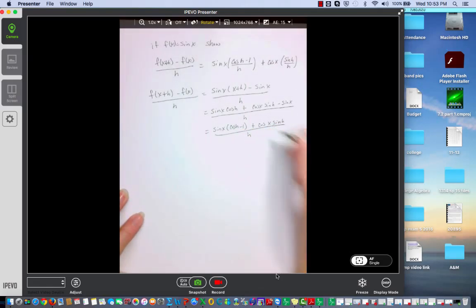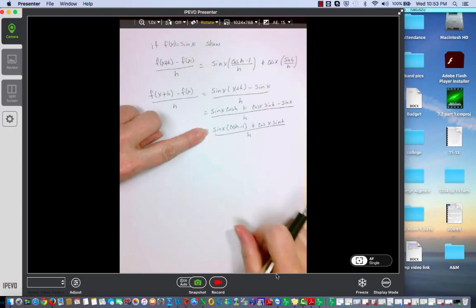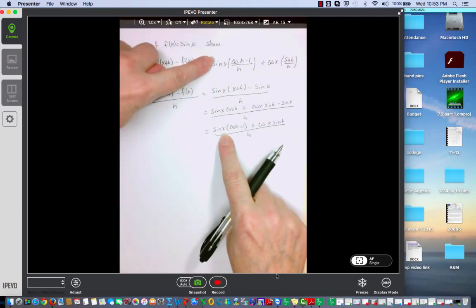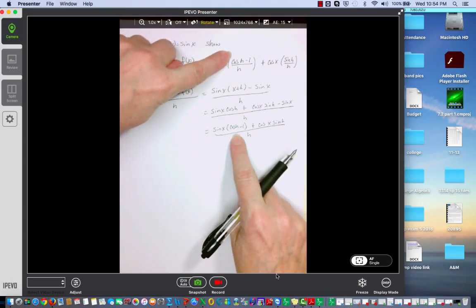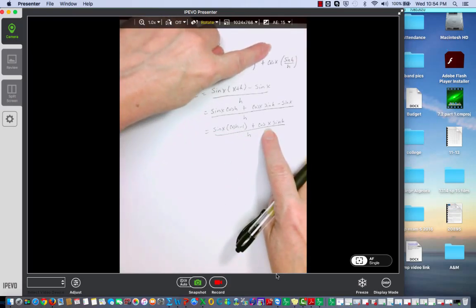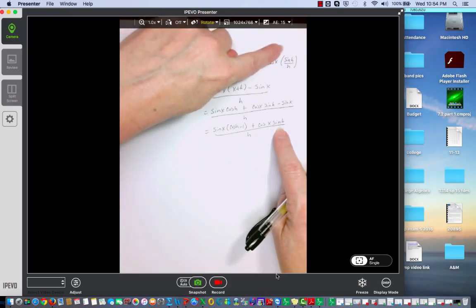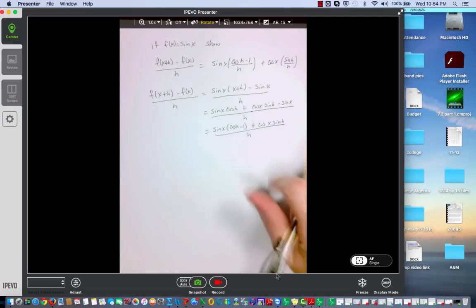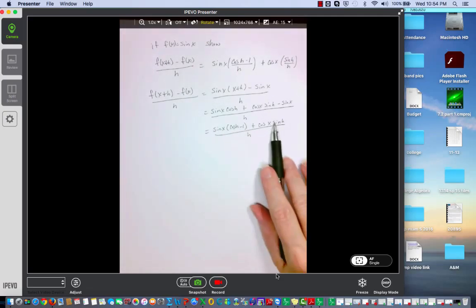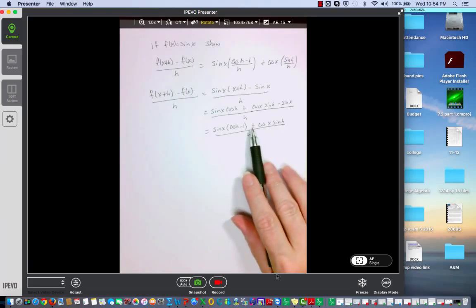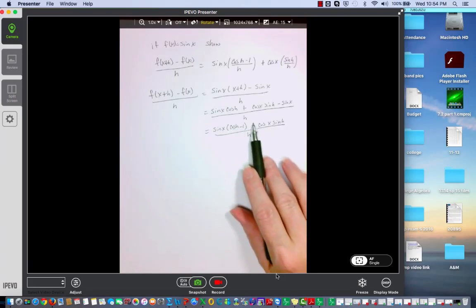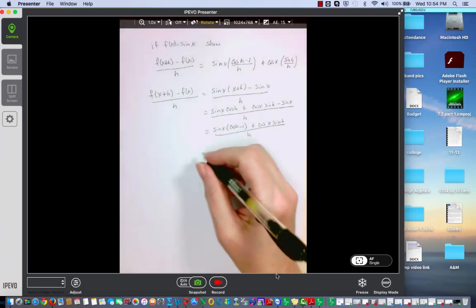We can start to see how it's coming together. We've got the sine x, we've got cosine h minus 1. Over here we have cosine x and we have sine h. But the difference is it's split apart. So what we can do is split the fraction in the middle at the plus sign and put each part over our h.